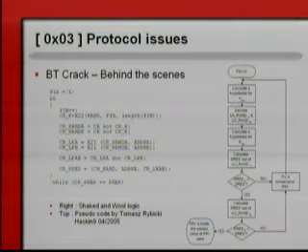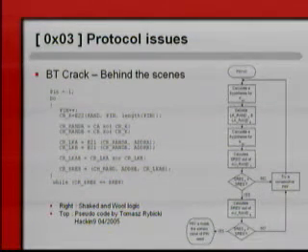So here's the logic of Shaked and Wool, and here's pseudocode from Thierry Zoller, published in Hack.lu in 2005, and it pretty much shows everything. You calculate the hypothesis for K-init, which is here. You decode LK-round and LK-round B, which is here.